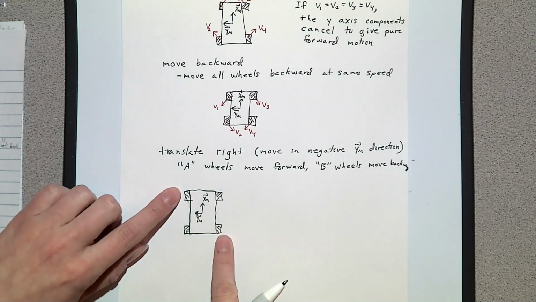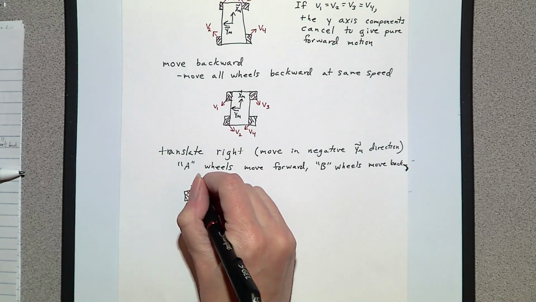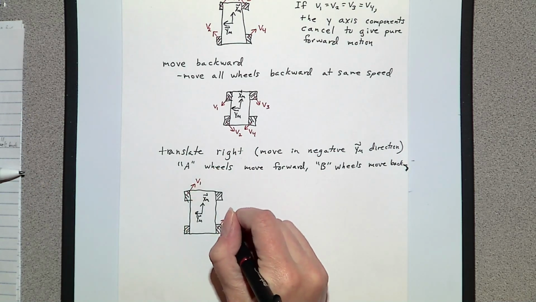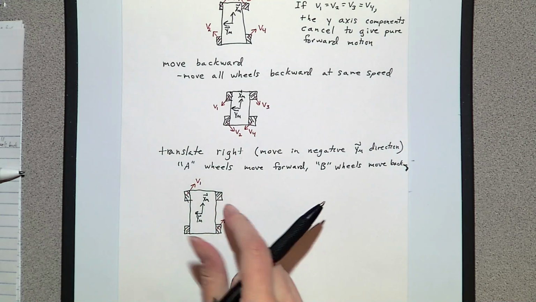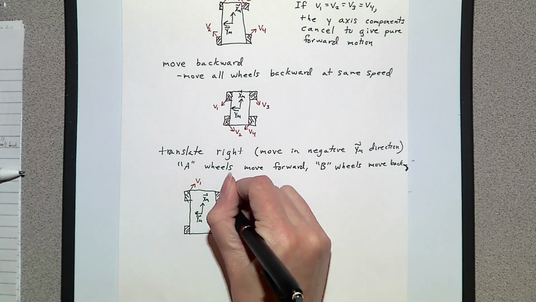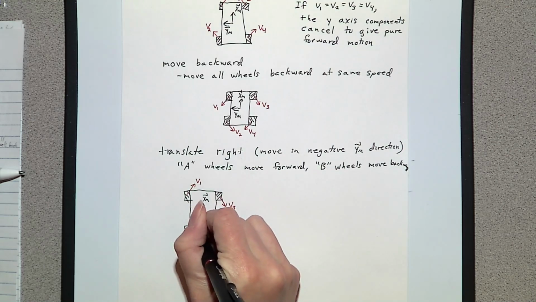So these are the A wheels, and we're moving them forward. So we have V1 and V4 here. And then we're moving the B wheels backwards, V3 and V2.